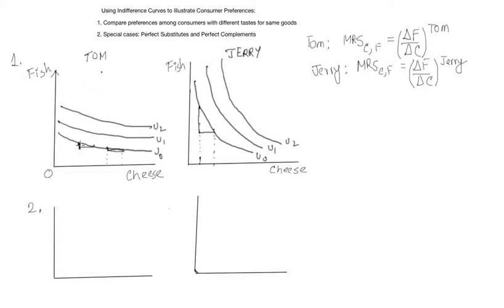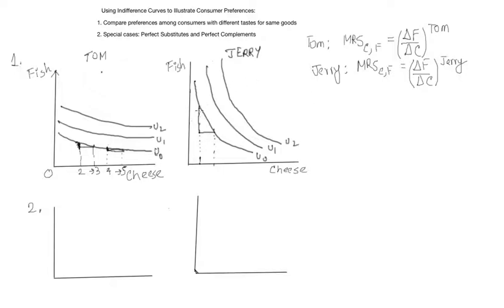As you can see for Tom, let's say he had 2 units of cheese, and if you increase that to 3, so by 1 unit, he's only willing to give up a little bit of fish. Same here: let's say he has 4, and if you want to give him 1 more, he's not willing to give up any fish at all pretty much on this part of the indifference curve U0.